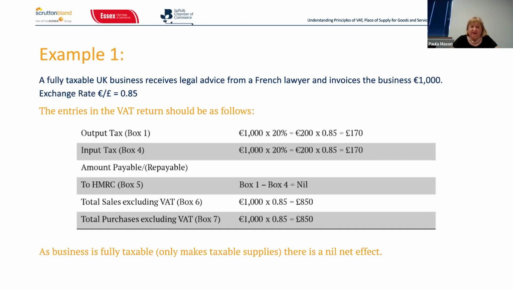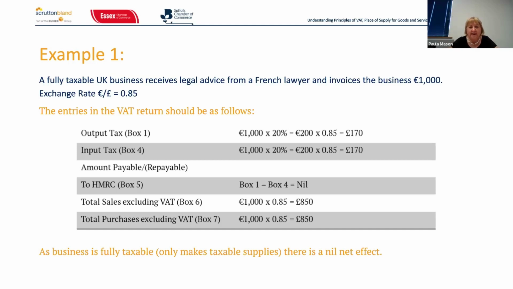The French lawyer is obviously not registered for UK VAT, so he wouldn't put UK VAT on his invoice. The place of supply for this B2B supply is where the recipient is located. So the place of supply is the UK.